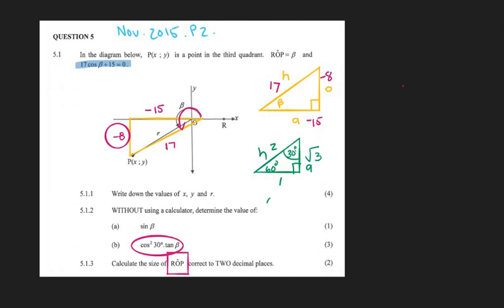From there to there is 180 degrees. So we just need to work out what this angle is, and then I'm going to add it to 180 degrees. How can I do that? I think the easiest way is just to use tan. So let's say 180 degrees plus whatever that's going to be.